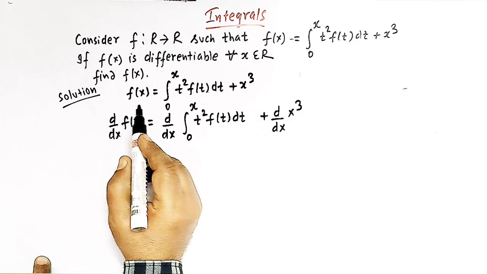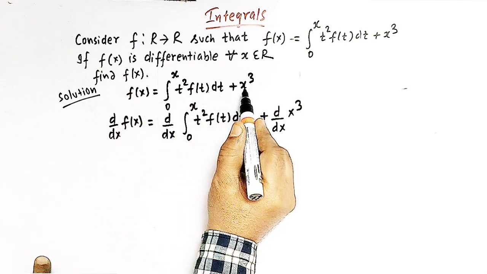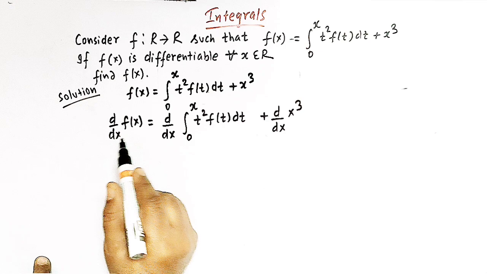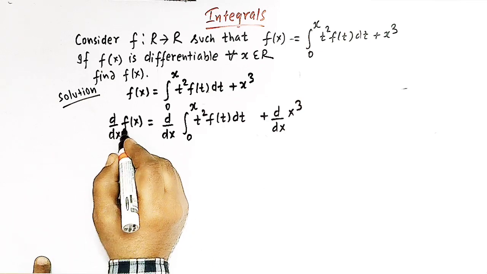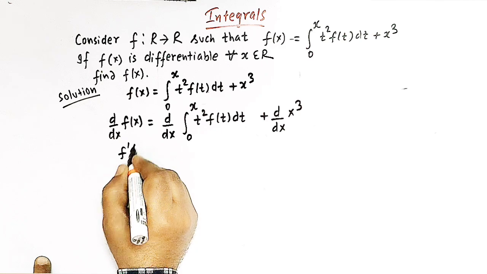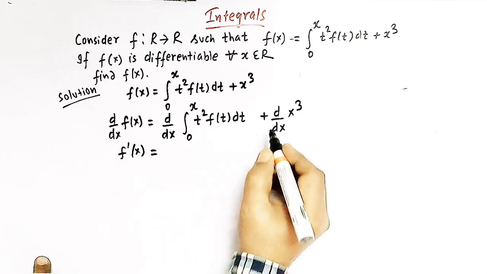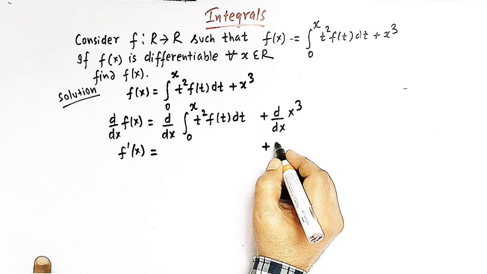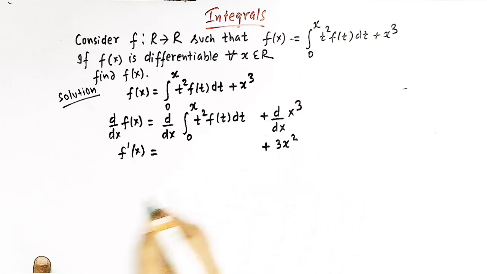Here d/dx of f(x) is f prime of x, and the derivative of x cubed is 3x squared.